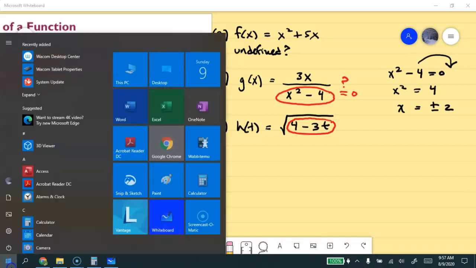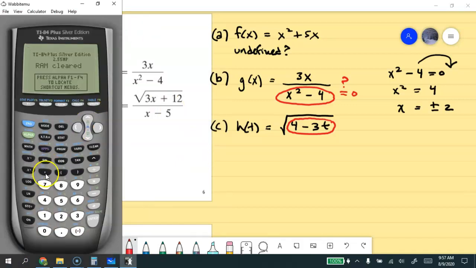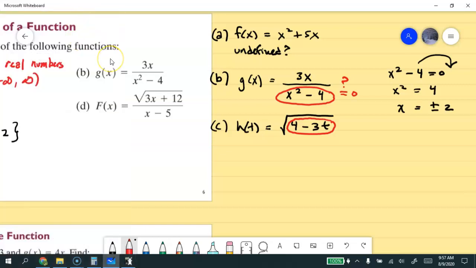Let me find my calculator here. If you try finding the square root of a negative number, like let's suppose that you had to find the square root of negative 5, notice how that doesn't give you a real answer, because there aren't two numbers that can multiply and give you a negative, right?